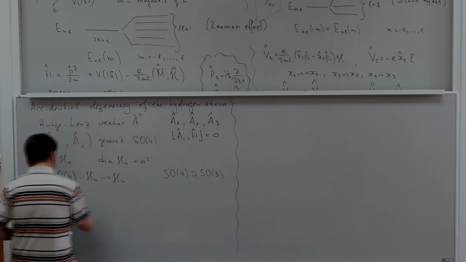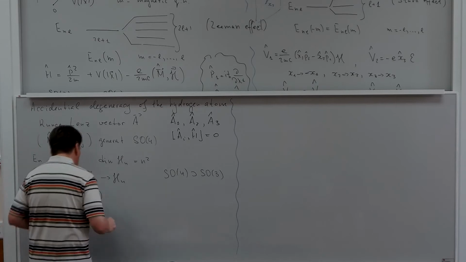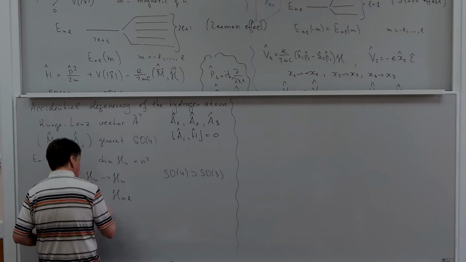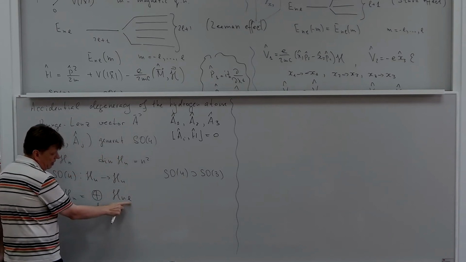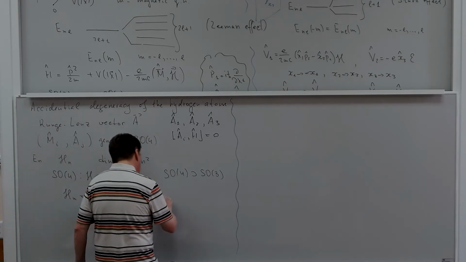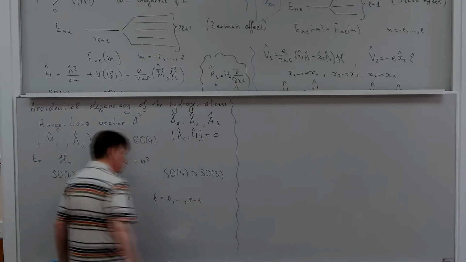So we get a direct sum of invariant subspaces for the rotation group, which are labeled by the value of the angular momentum L, which runs from 0 to n minus 1.